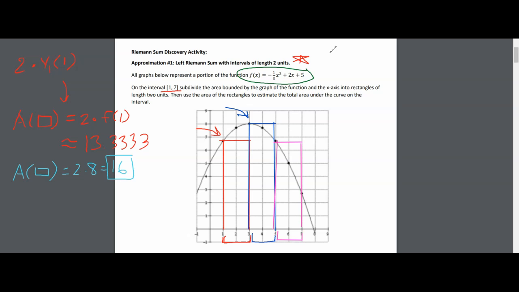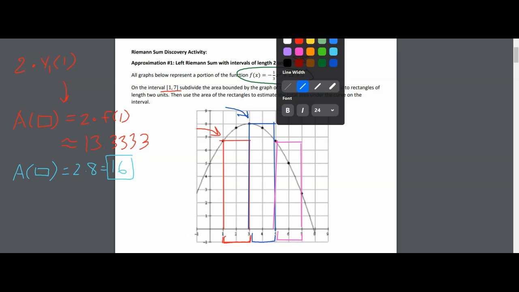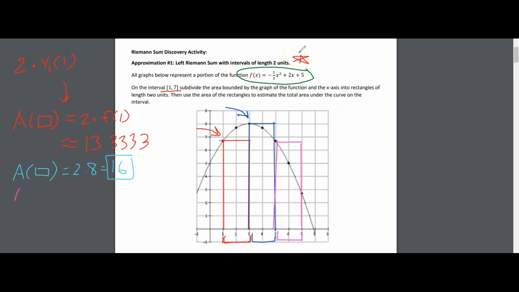If you want to check, you could punch it into the function, but f of 3 does give you 8. My last rectangle actually ends up being the same area as the red. I get 2, in this case, times f of 5, which does give me 13.3333.